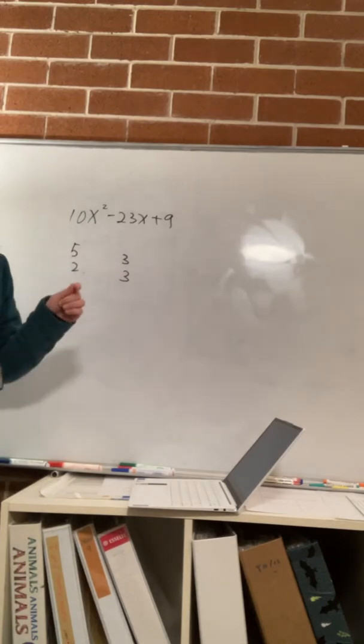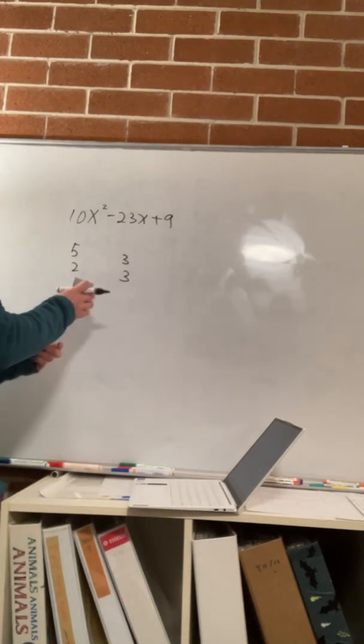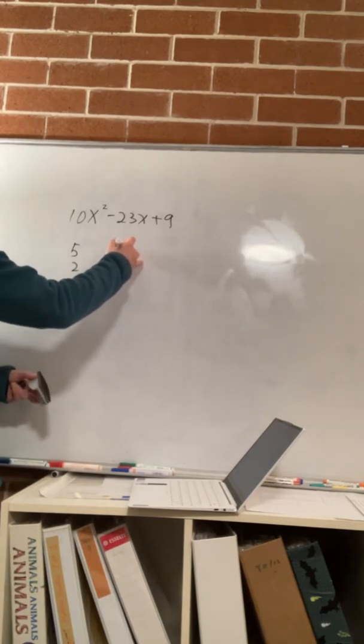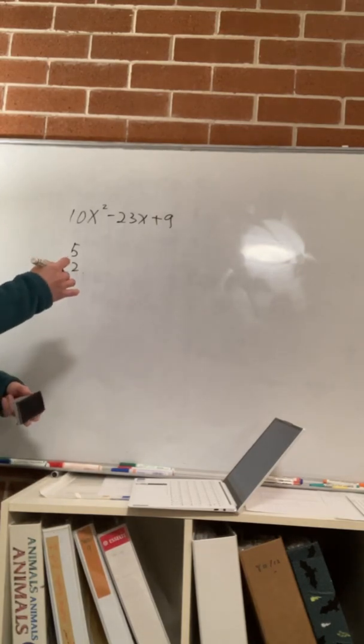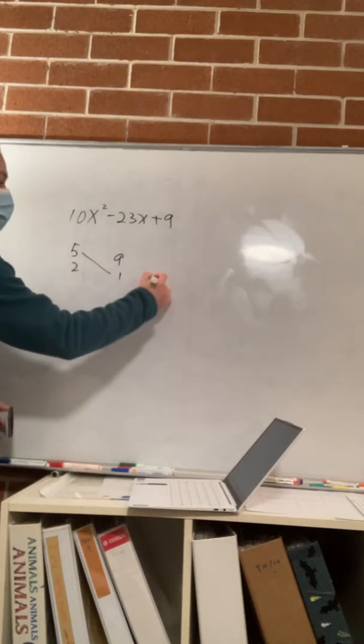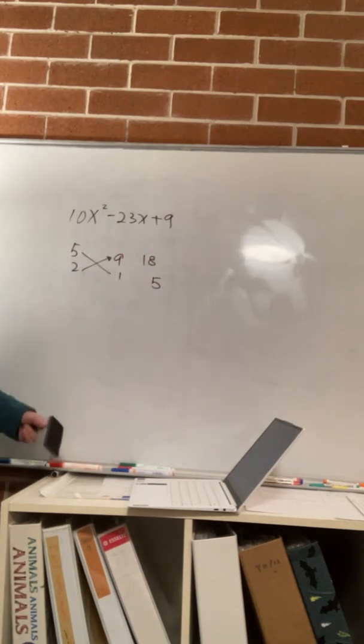So that means I might want to change the numbers. If I change the number here, I might change this one, isn't it? I can try 9 and 1. So let's try 9 and 1. Now you multiply, you get a 5. You multiply this one, you get 18. That looks pretty good.